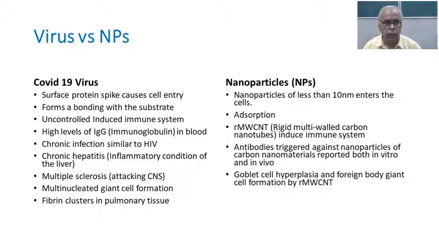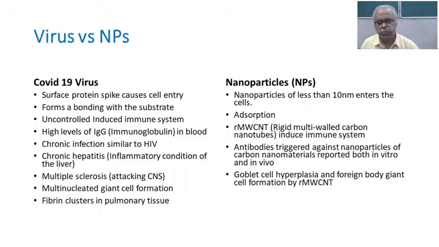And it will cause an inflammatory condition of the liver, that is a chronic hepatitis, and it can seriously lead to multiple sclerosis that attacks the central nervous system. And when you look at the X-ray or the scanning, you can find multinucleated giant cell formation inside the lungs at various locations.